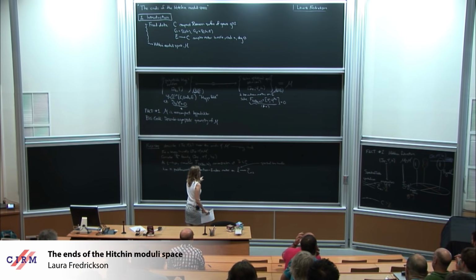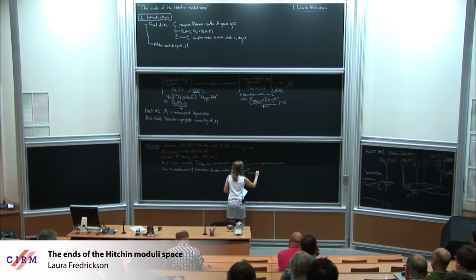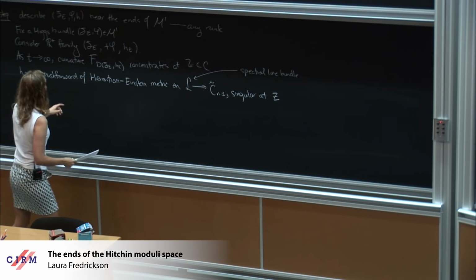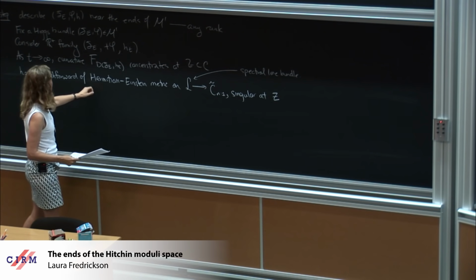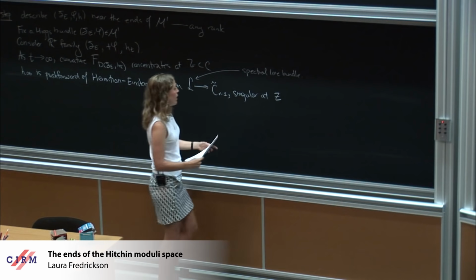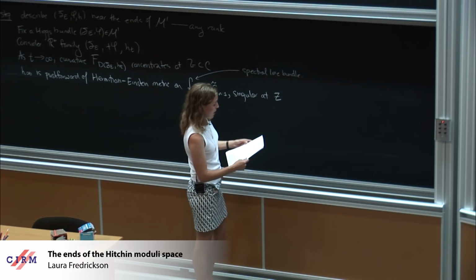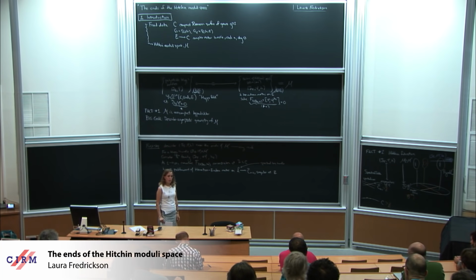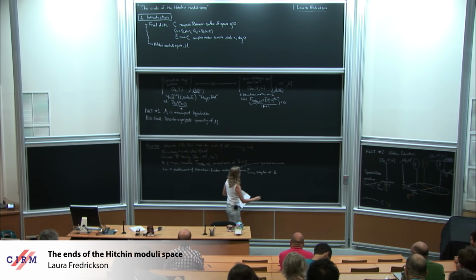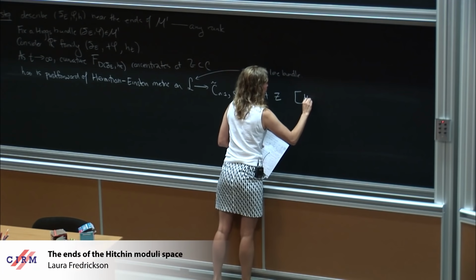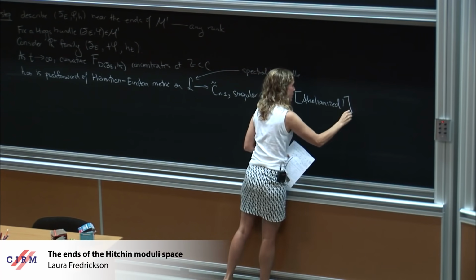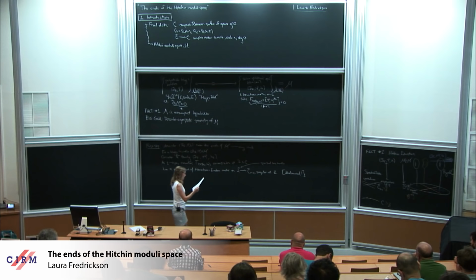This Hermitian-Einstein metric is singular at Z. H infinity is singular at Z, so the Hermitian-Einstein metric is singular at Z tilde, and there are some boundary conditions determined by some choice of parabolic weight, -1/2 there. But this is nice. When people say that Hitchin's equations abelianize, this is one of the things that they mean.